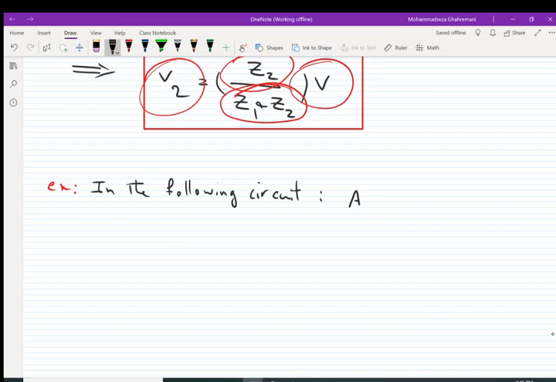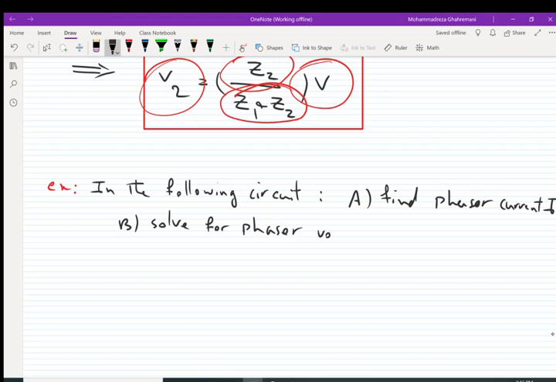A, find the phasor current I. B, solve for the phasor voltage or voltages across each element.